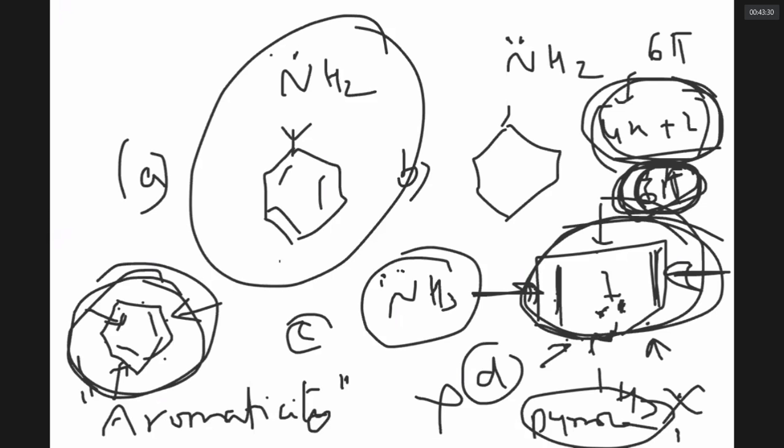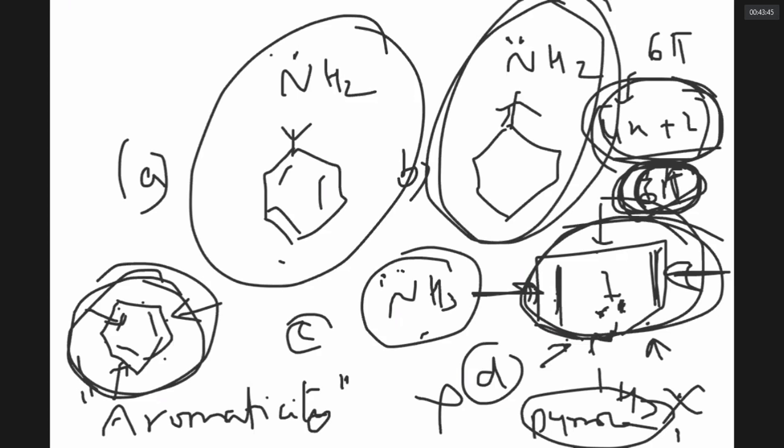Then A is a bad base. Then C, ammonia. Cyclohexylamine: the cyclohexyl group is an alkyl group that is electron releasing in nature. Due to the electron releasing nature of the cyclohexyl group, cyclohexylamine is a better base.